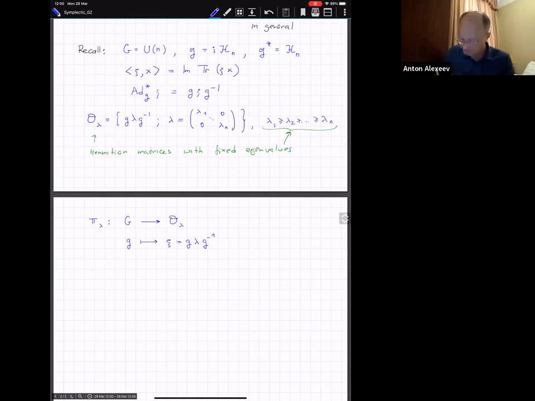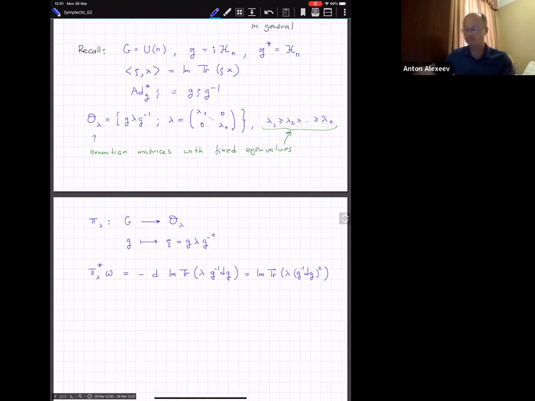And the two form is like this. It is minus d of imaginary part of trace, and here lambda times the Maurer-Cartan form, or it is often convenient to apply this d, and this would give this.